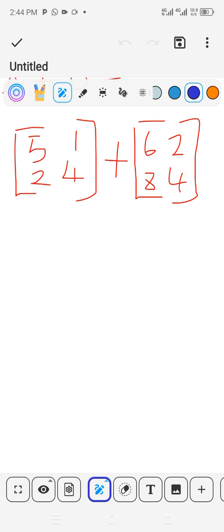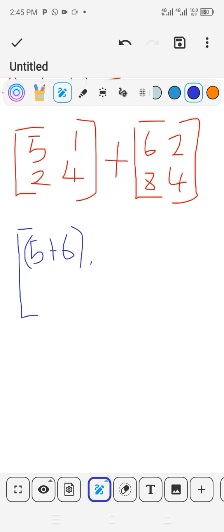We will add it to the first element we have in B. That is, we'll be having 5 plus 6.